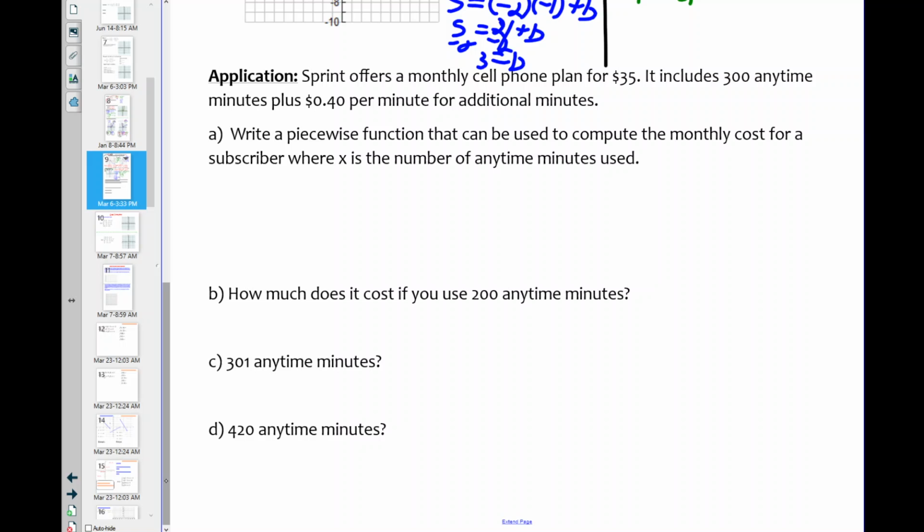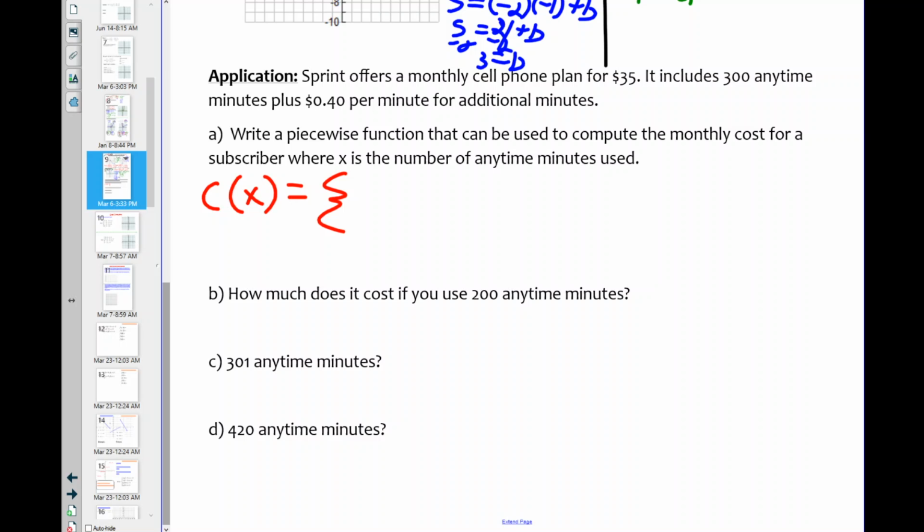But let's write a piecewise function that can be used to compute the monthly cost for a subscriber, where X is the number of anytime minutes used. So cost depends on X, which is the number of minutes, equals. How many different ways can you be charged? Like how many intervals should we have here? 2.